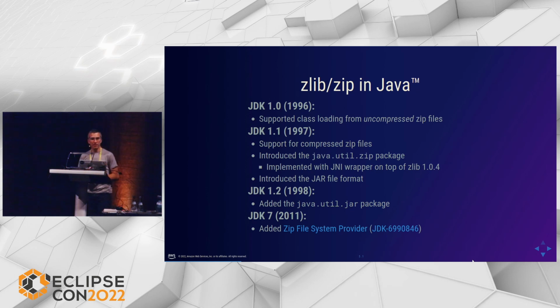And then finally, quite some time after that, in JDK 7 in 2011, a zip file system provider was added. That's an NIO file system provider, which can be used to mount a zip file as a file system and then use it with all the NIO file APIs to write files, remove files, delete files, and so on. It's quite comfortable to work with.